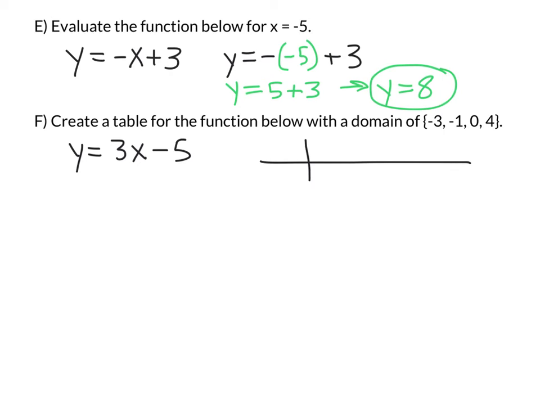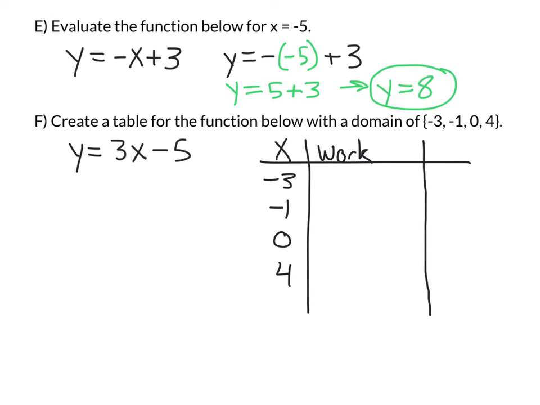Now, I know my input values are going to be negative 3, negative 1, 0, and 4. And I'm going to put a little space in my table for the work that I'm going to show, just to make sure I can keep track of everything. And then we're going to find out our y values over here.